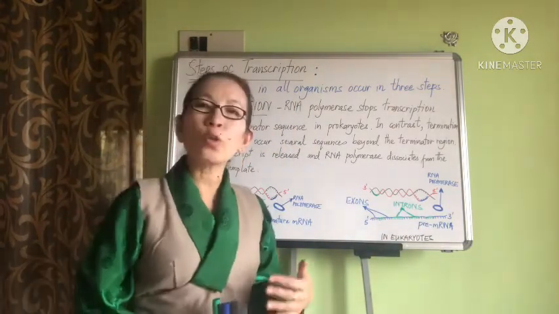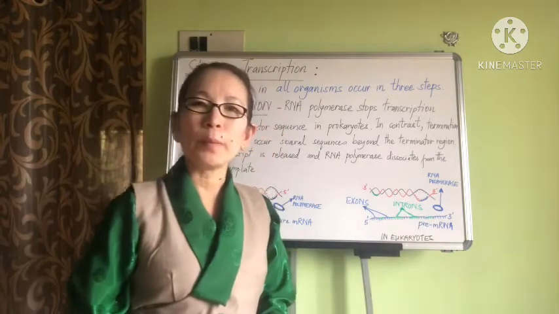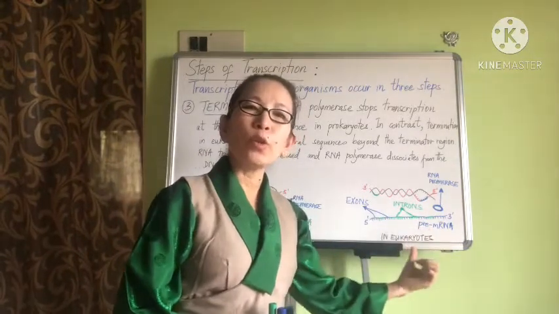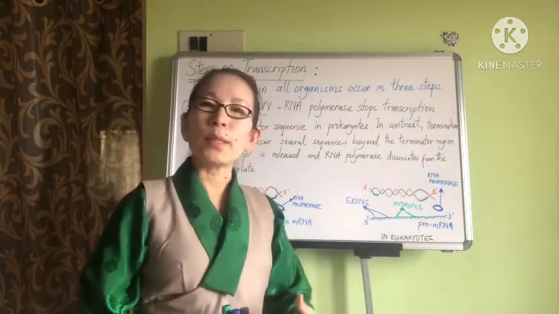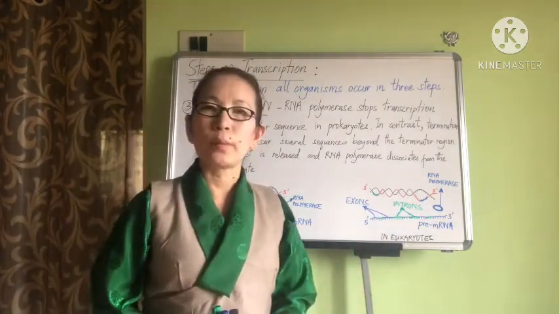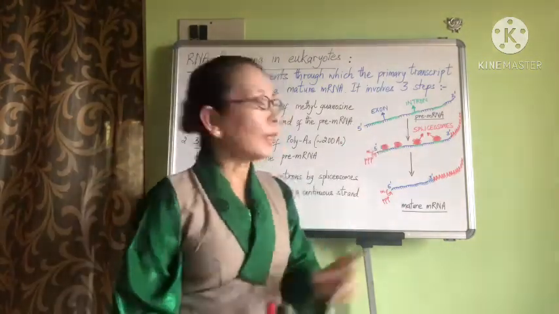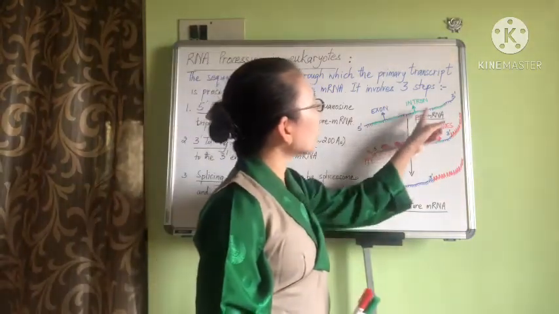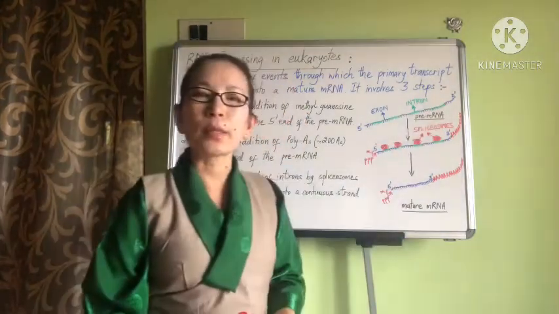Since introns do not code for polypeptide, they must be removed from the pre-mRNA. So the primary transcript in eukaryotes needs additional processing before it is exported to the cytoplasm for translation. As you can see, it is an interrupted transcript consisting of exon sequences interrupted by non-coding intron sequences.